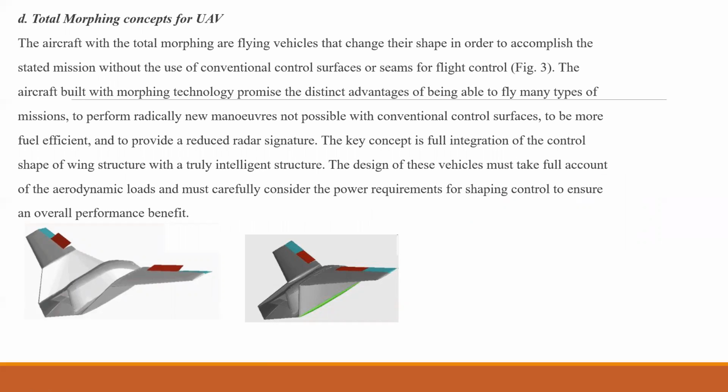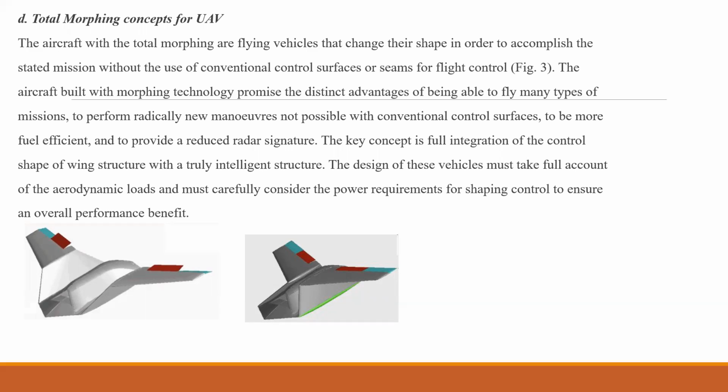The aircraft built with morphing technology promise the distinct advantages of being able to fly many types of missions, to perform radically new maneuvers not possible with conventional control surfaces, to be more fuel efficient, and to provide a reduced radar signature. The key concept is full integration of control shape of wing structure with a truly intelligent structure.